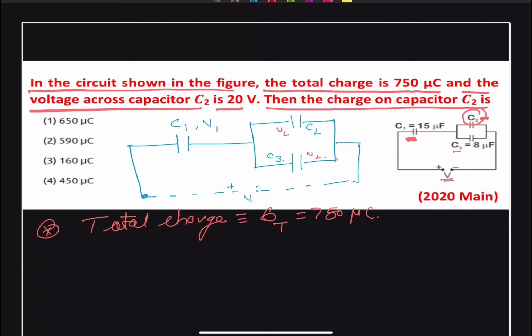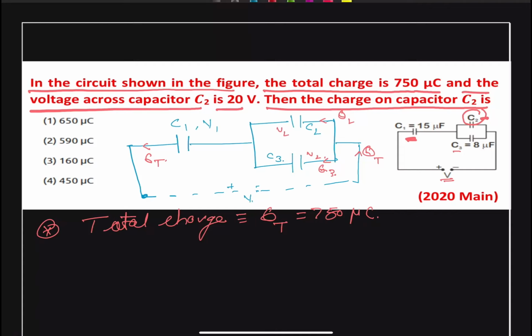Let us suppose the charge flowing through here is QT, and it is being divided into two parts. From C2, let the charge flowing be Q2, and from C3 let the charge be Q3. And from here also we get QT.